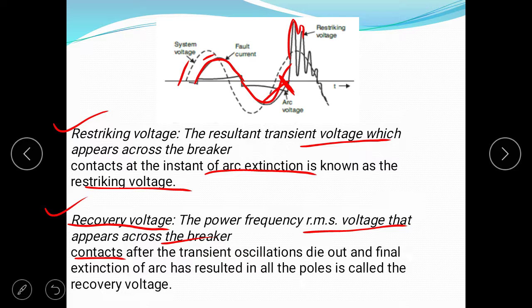It means recovery voltage is the voltage across the contacts of the circuit breaker in the steady state, when there is no arc between the contacts and the circuit breaker terminals are fully open.